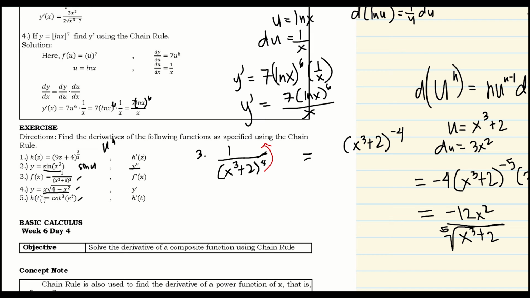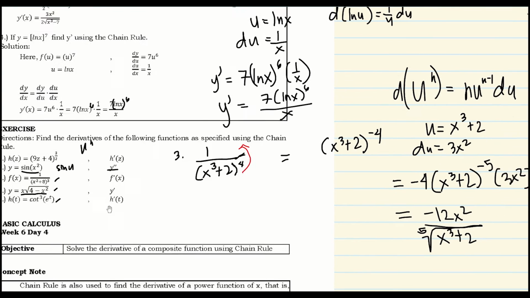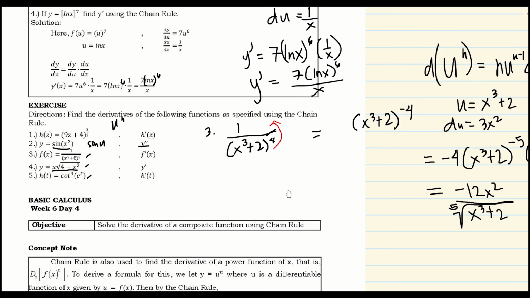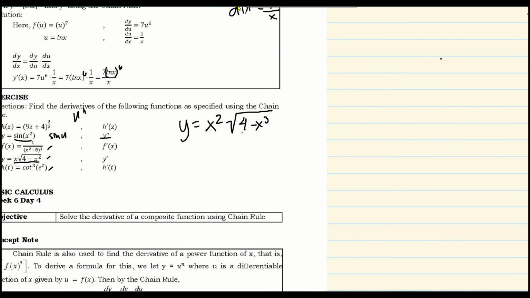So how about number 4? Because of this x right here, it will make it difficult because you will be using u dv plus v du, right? So let me erase this first. Okay, so we have this example right here. We will label this one as u and this one as v.